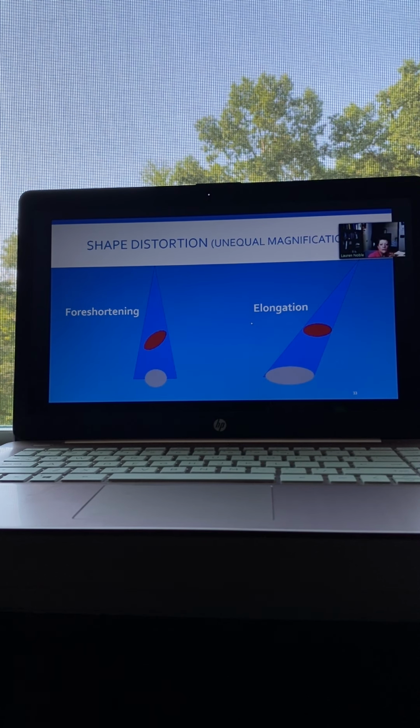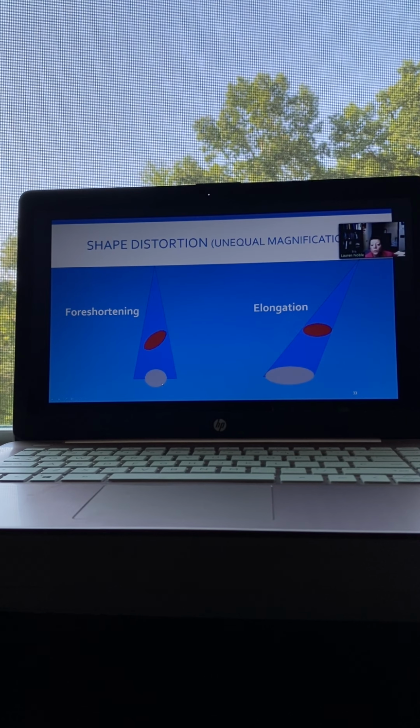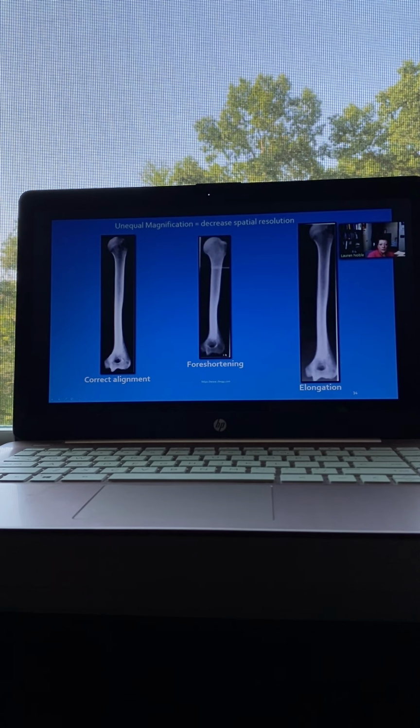Okay. So again, you don't need to worry. I'm not going to ask you about foreshortening and elongation at this point, but I did want to show you what it looks like. And we'll be talking more about that. And then here's an actual representation of it. This is the correct length of the bone.